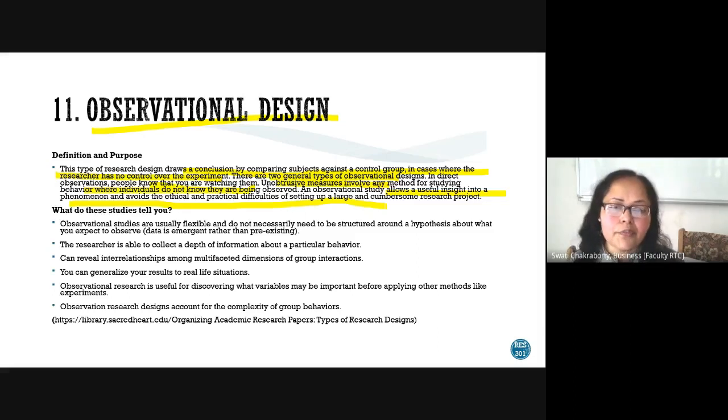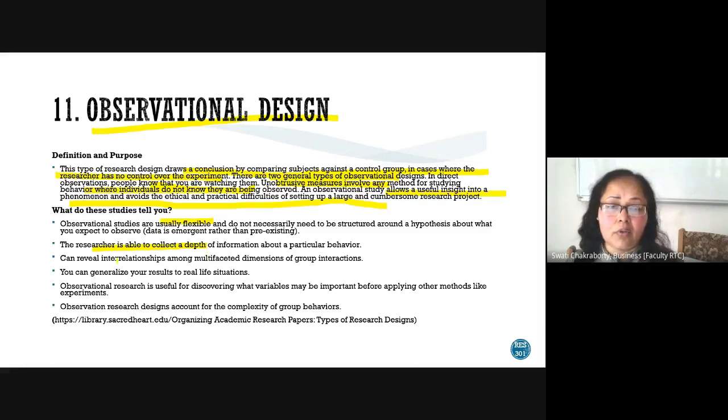What do they tell you? These studies are usually flexible and do not necessarily need to be structured around a hypothesis, but around what you expect to observe, right? If the data comes up on the spot, it's emergent. The researcher is able to collect a depth of information about a particular behavior.